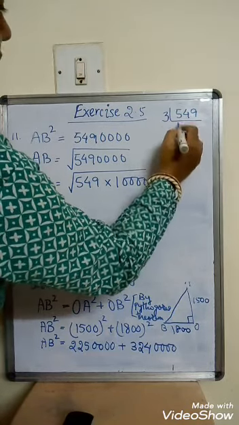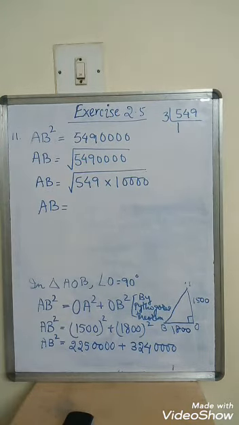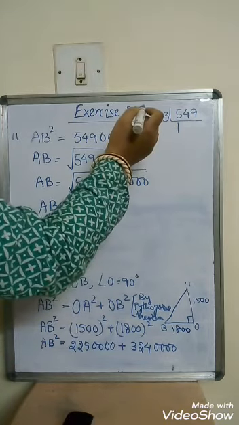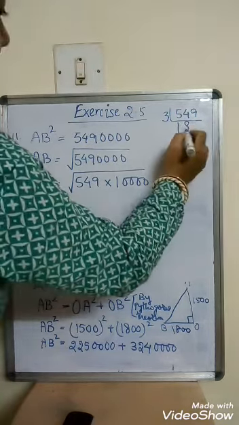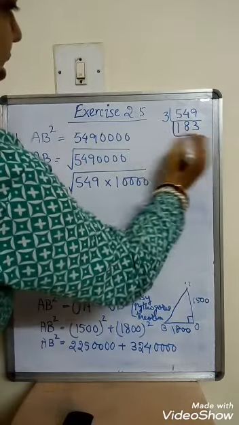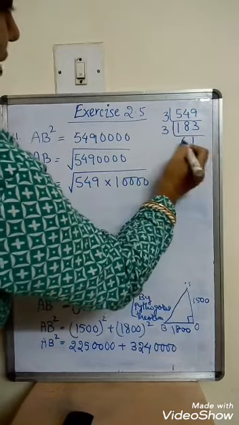3 ones are 3 and 4 5, 3 sevens are 21, 3 8s are 24 and 9, 3 3s are 9. Next 3 5s are 15, 3 6s are 18 and 3 1s are 3.